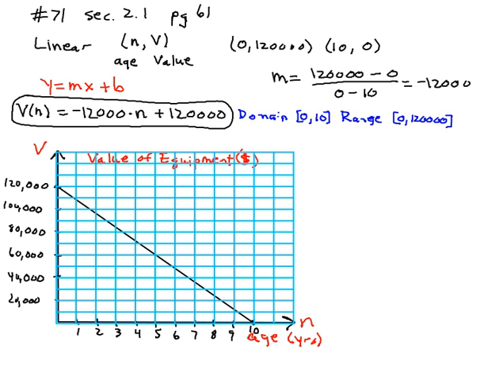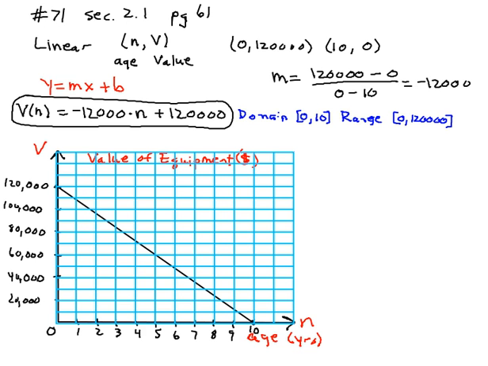Along my vertical axis, V for value, I've calibrated it in dollars. My labeling goes every $20,000. And I've plotted the 2 points that I had, (0, 120,000) and (10, 0). Knowing it's a linear relationship, I can go ahead and draw the line.